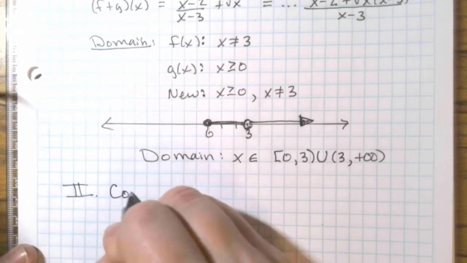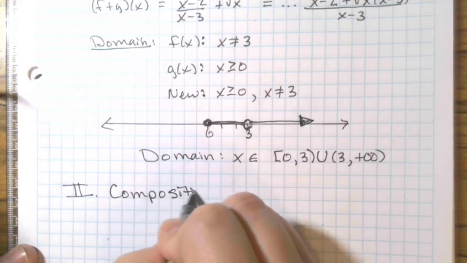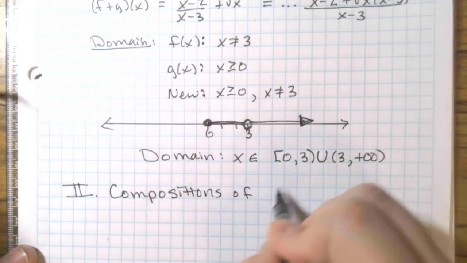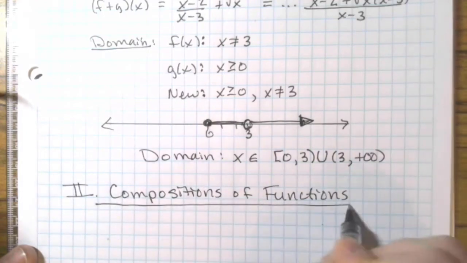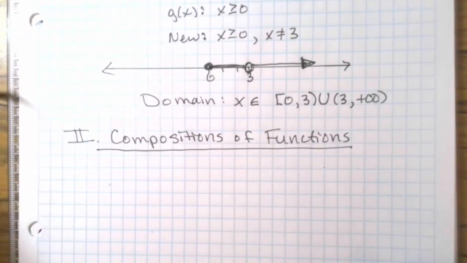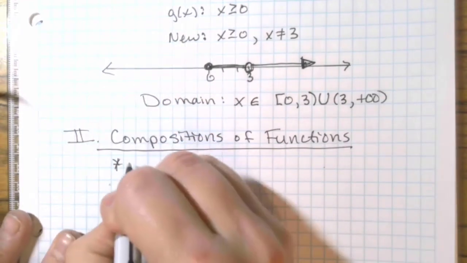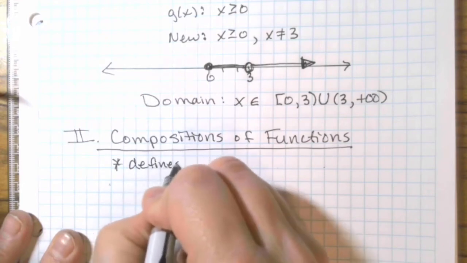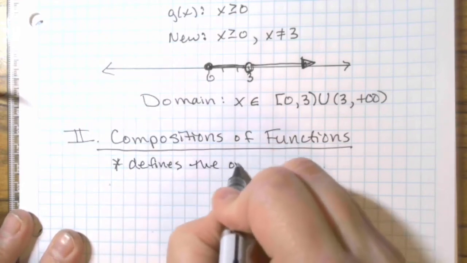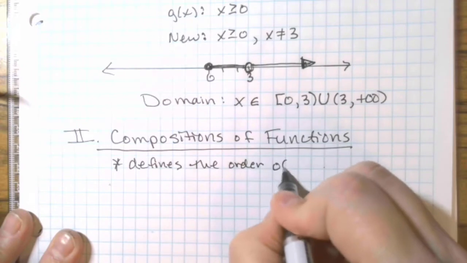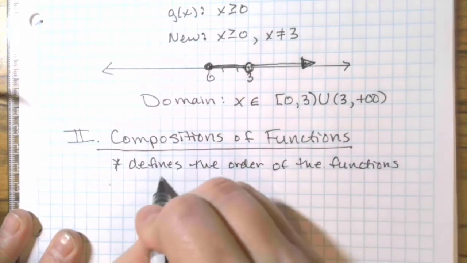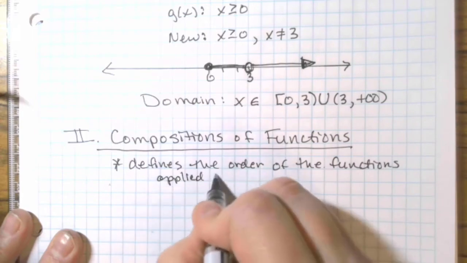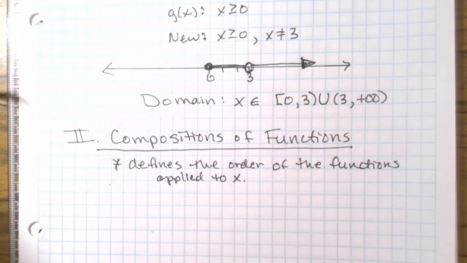We're going to do compositions of functions. This is strictly something that we do in function notation, and it has some extra rules. Basically, composition defines the order of the functions applied to X. It tells you which one goes first and which one goes second.